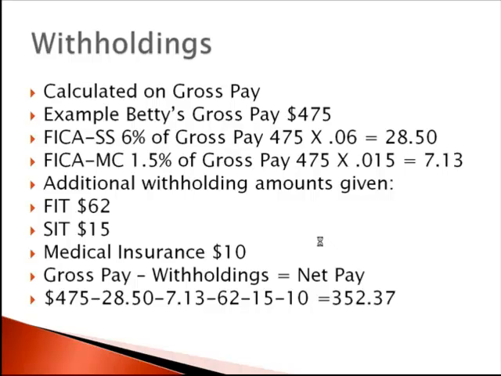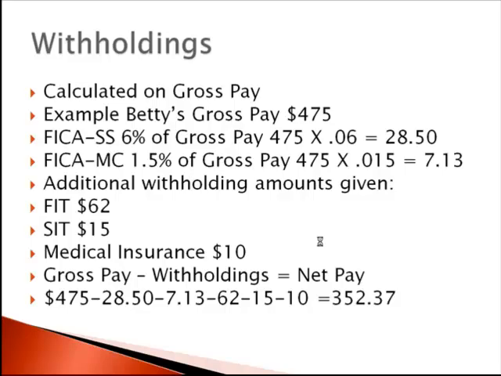Now, if we're given additional withholdings in our particular example here for federal income taxes, we see on our slide that federal income tax, also seen as FIT here, is $62 in this particular paycheck. And our state income tax, stated as SIT here, is $15. And our medical insurance is given to us as $10 for this paycheck.